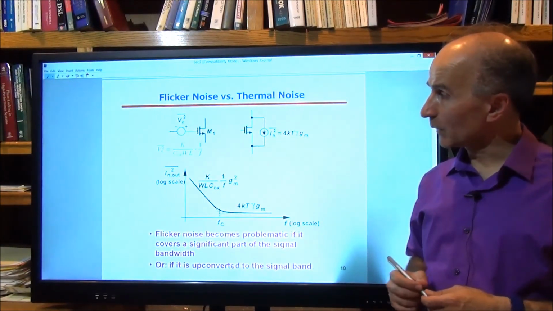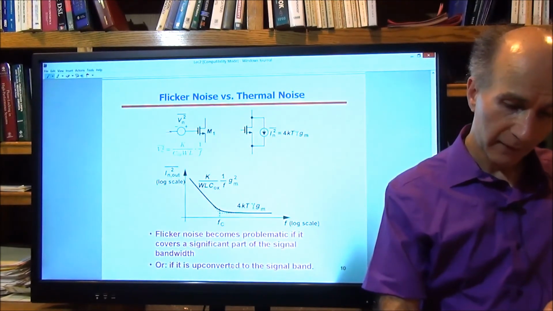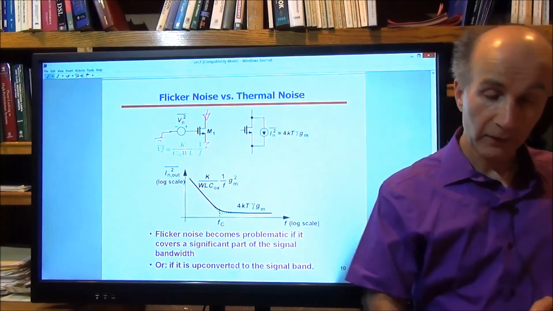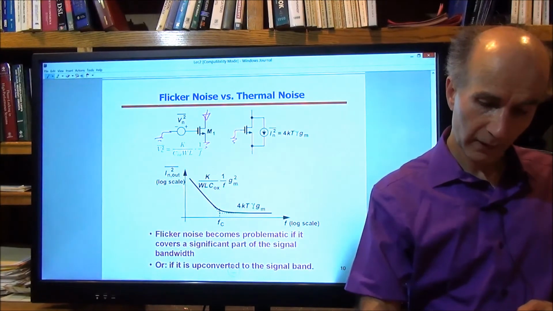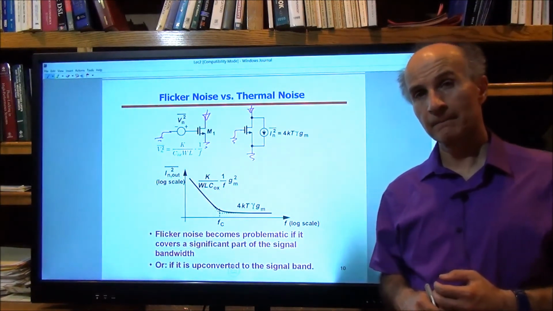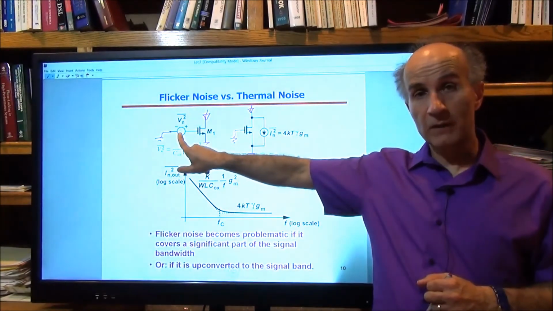Okay, well, what I can do is the following. I'm going to AC ground the gate and the source and find the resulting current here, and then also AC ground here and find the noise current here. So we have a noise current here resulting from this voltage source.